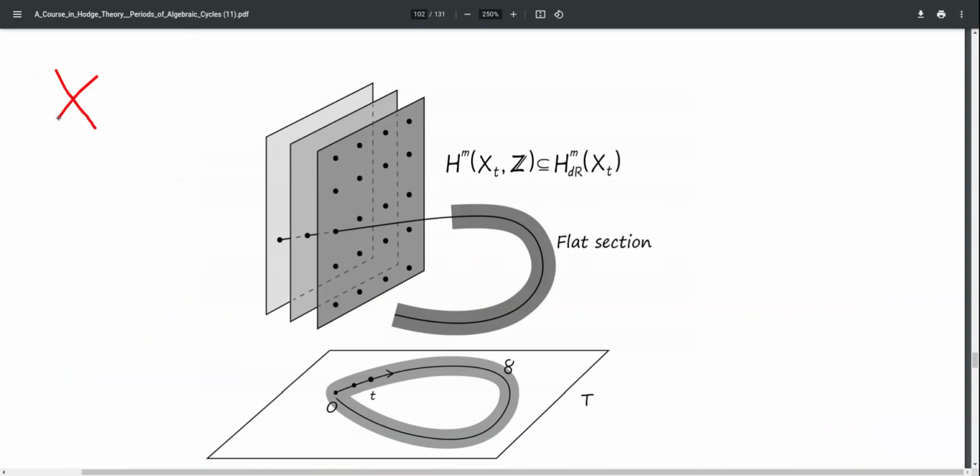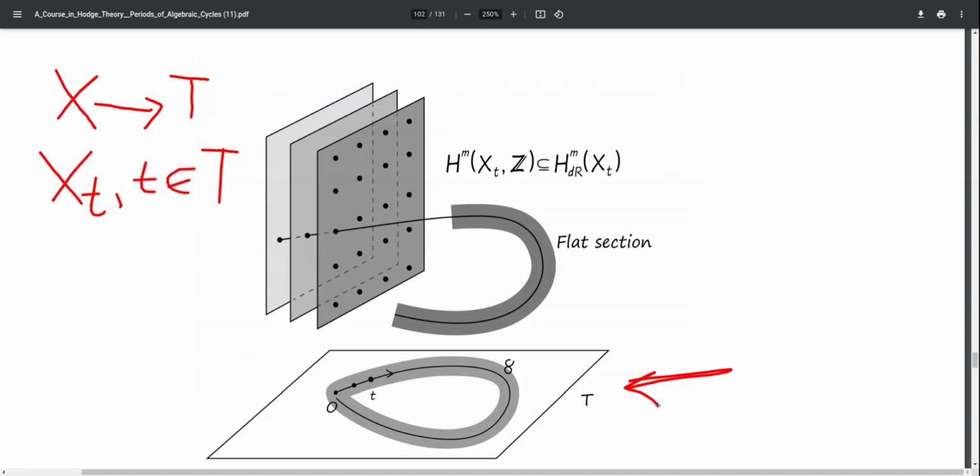Let's assume that we have a family of smooth projective varieties, so its fibers will be denoted by X_t. Here is the parameter space, capital T, and our point, let's say t.